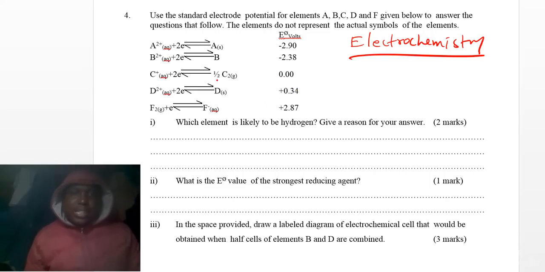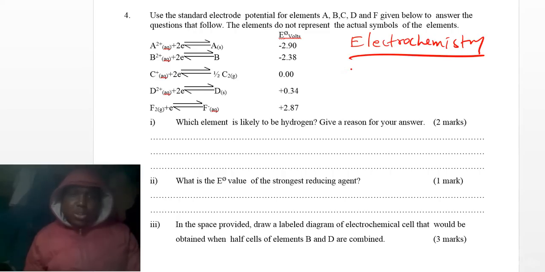When you see C is 0, that one is our reference, and we know our reference electrode is hydrogen. And then you need to know that the more negative, the stronger the reducing agent.